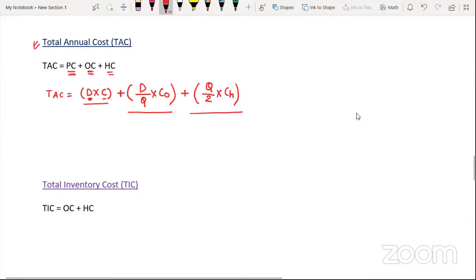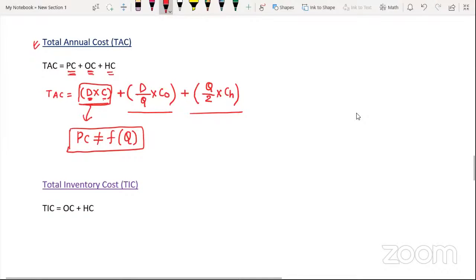The summation of purchase cost, ordering cost and holding cost gives you the total annual cost. Now you can see that this purchase cost, D into C, is not a function of Q. What was Q? Q was the quantity per order.